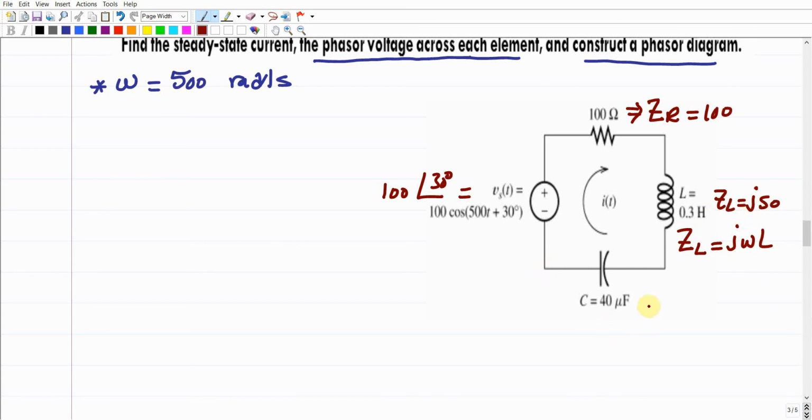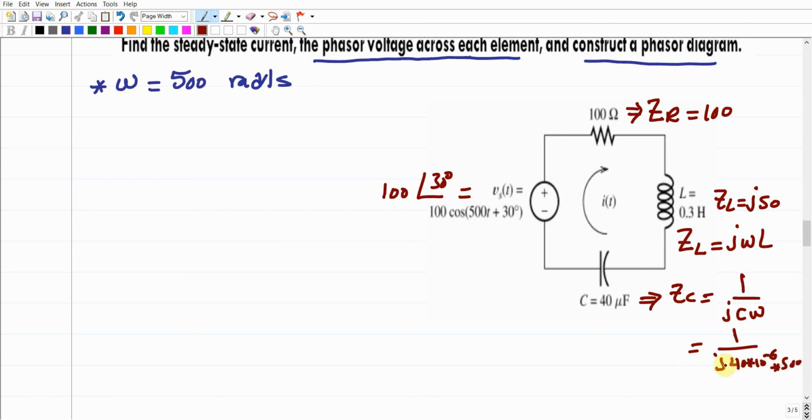How about the C? The ZC, according to the table, should equal 1 over j C omega. C is 40 times 10 to the power negative 6, times the omega, which is 500.